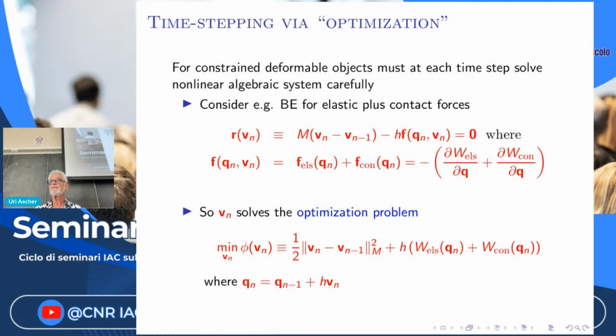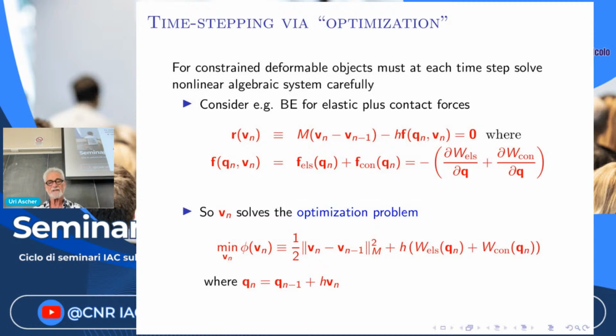These are both derivatives of energies. So Lee and his many friends said, what that means is that we can look at the minimization of this function phi. The gradient of that is obviously what's written here. So we have a function phi, which is one degree smoother than r, where r is the gradient of phi, and so solving r equals 0 is finding a minimum for phi.